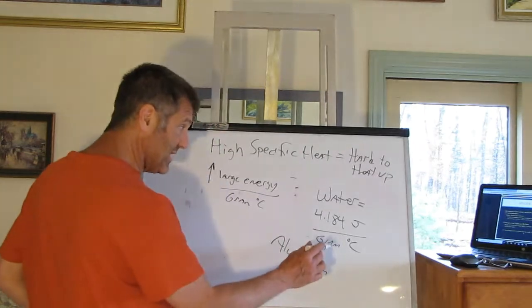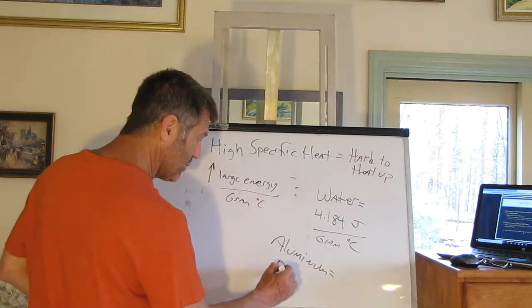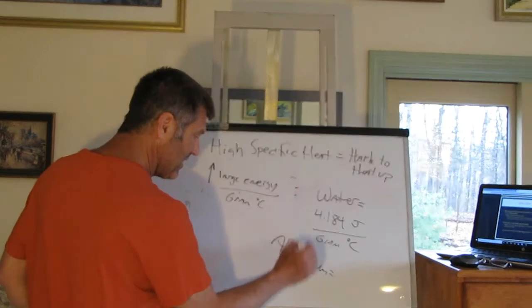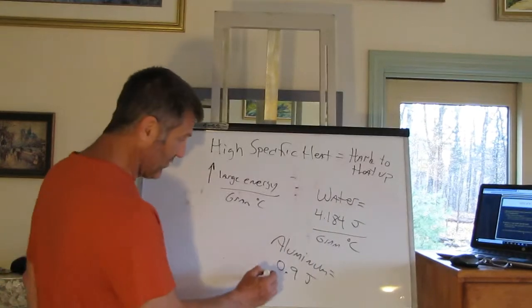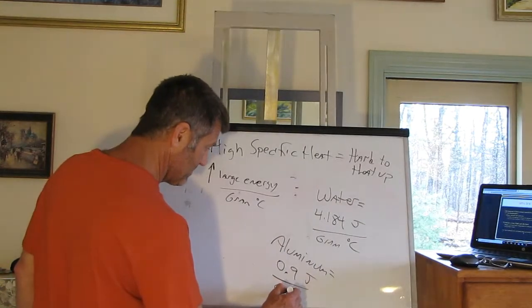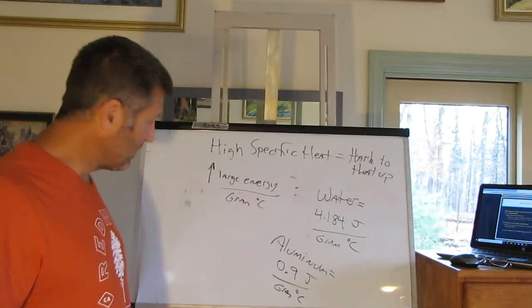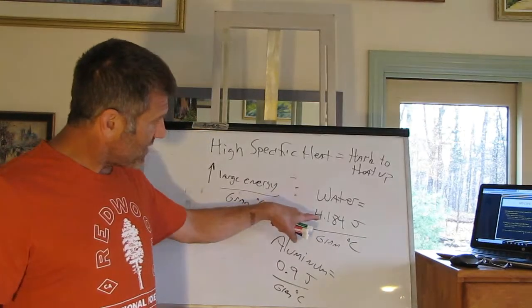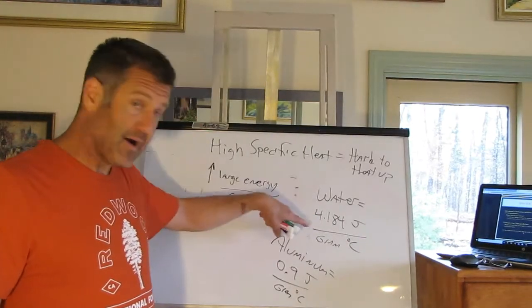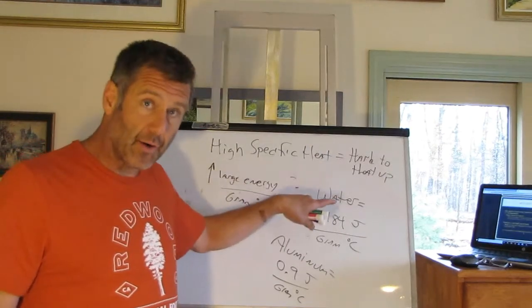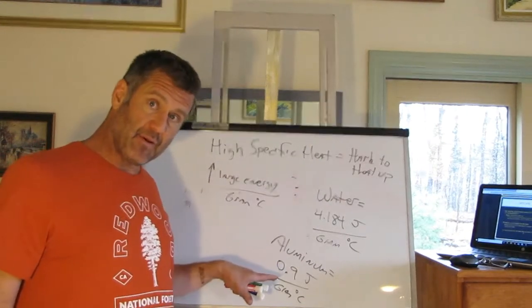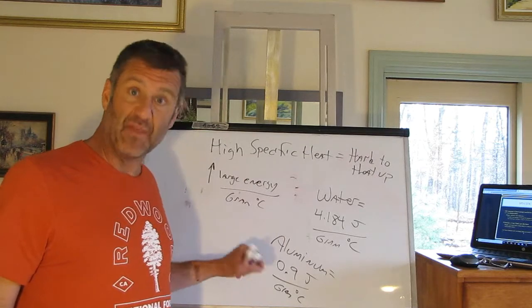Aluminum specific heat is about 0.9, okay? So it takes 0.9 joules for each gram of aluminum to raise by 1 degree C. So if you notice, it takes about 4 times as much energy to heat up a bucket of water as it does to heat up the same amount of aluminum, the same mass.